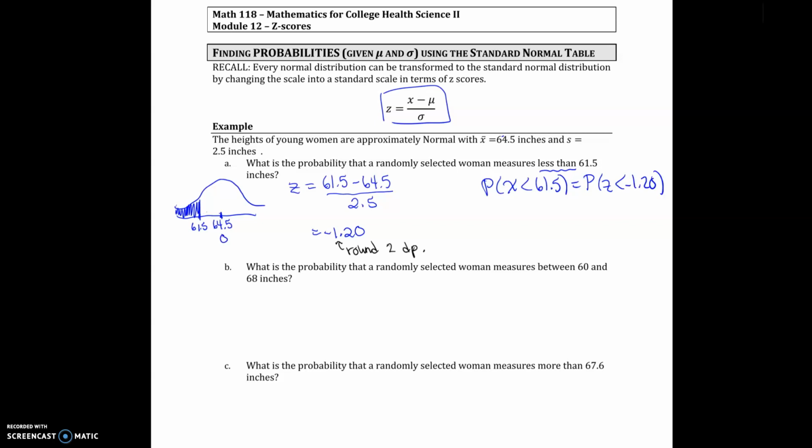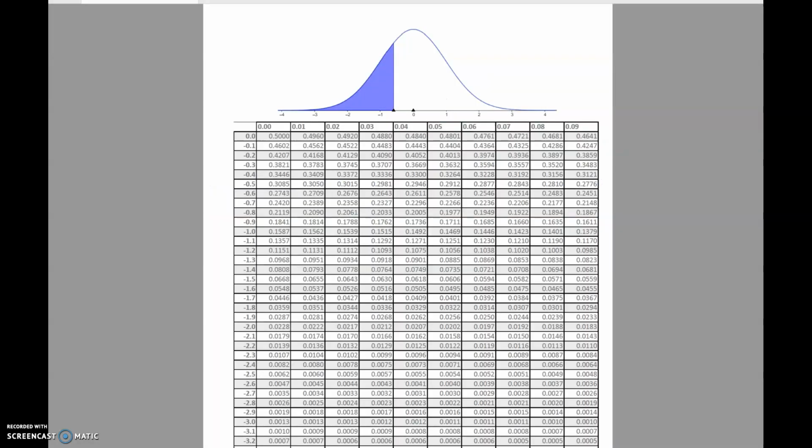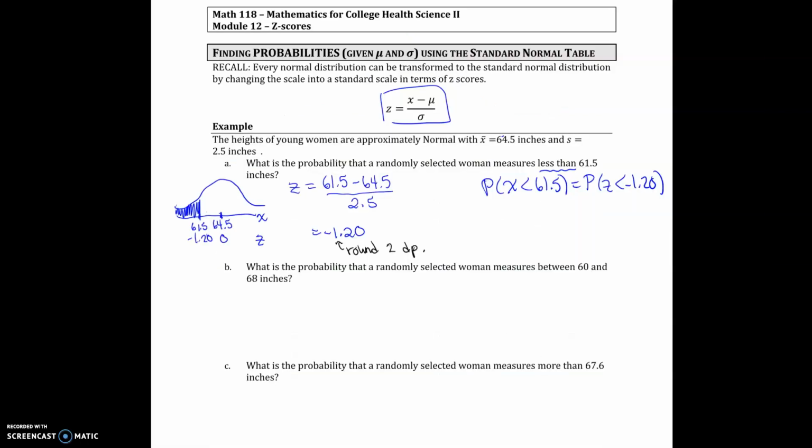This is just as though I shifted from an x variable to a z variable. And I know how to figure out the probability that a z value is less than negative 1.20. I look it up on the chart. Negative 1.20 is 0.1151.